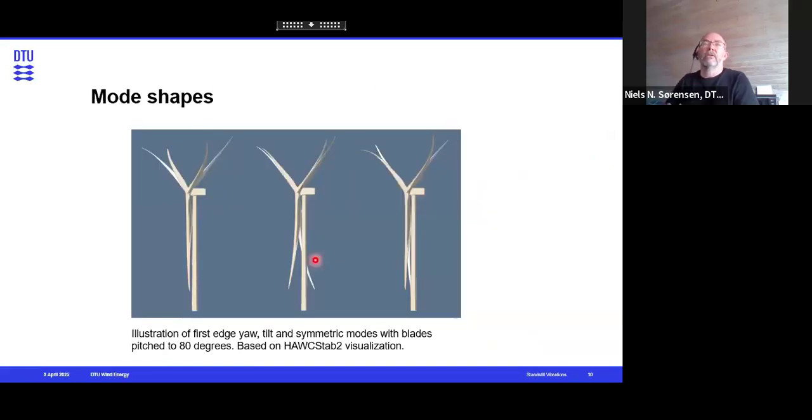But as said early on, it is a turbine phenomenon, and what we will see is that it will vibrate in turbine modes.